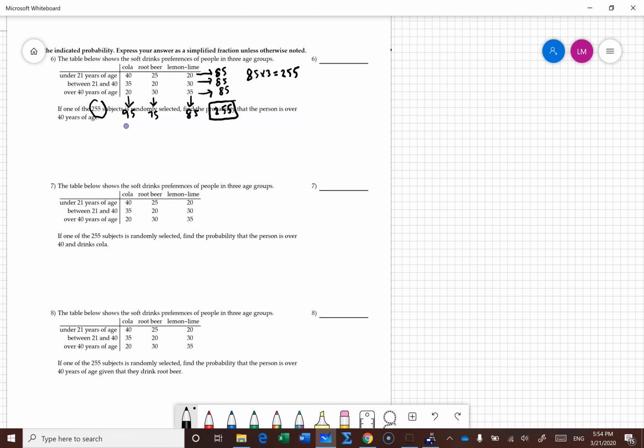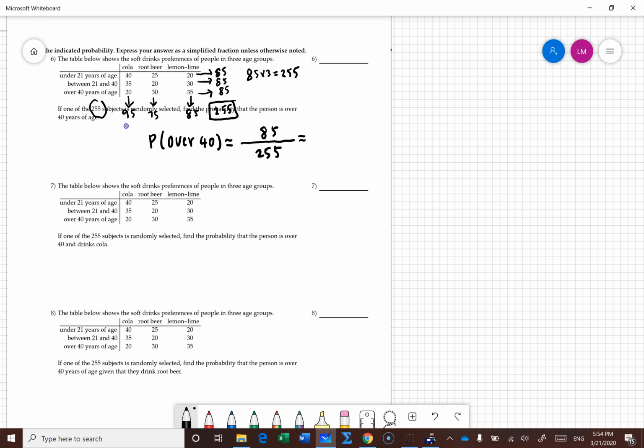If one person is randomly selected, find the probability that the person is over 40. So the probability of over 40 is, total is what? 255. How many are over 40? Over 40, I said 85.